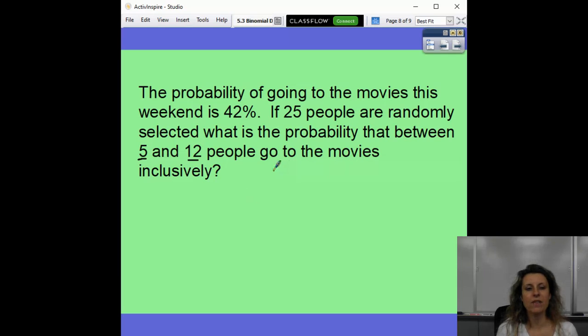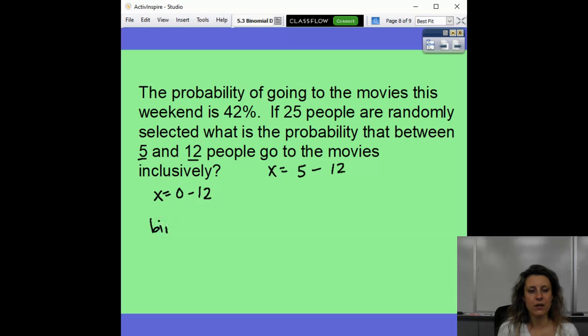Okay, so if I want the x values from 5 through 12, this is not a straightforward PDF, and it's not a straightforward CDF. So I'm going to first calculate the cumulative distribution function of 0 through 12.